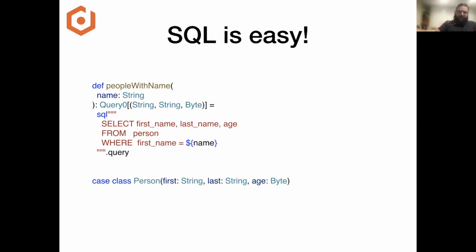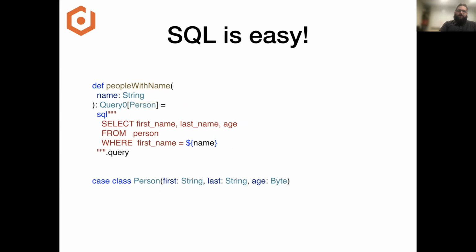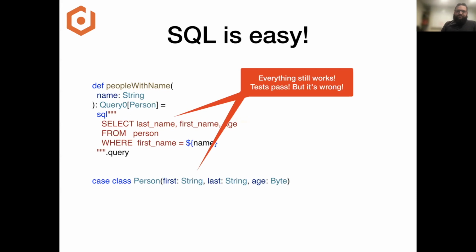But okay, we can then yield other objects, like actual product types coming out of it, because they're structurally equivalent. Now, okay, but what if we mess up the order of the fields? Or in fact, what if we mess up anything in this string, right? We only know about this problem during runtime. We only know about it during testing, right?